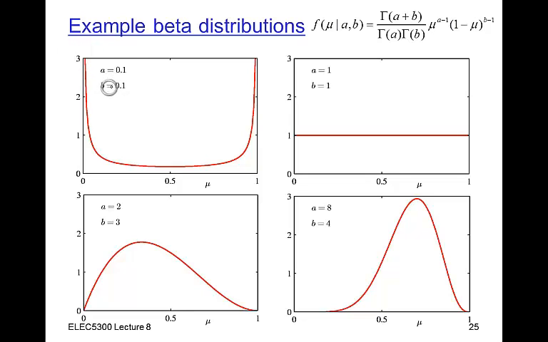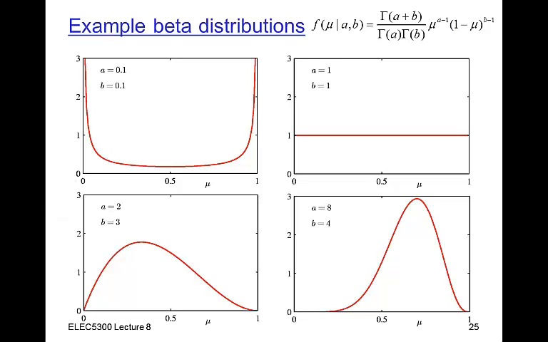And when b is equal to 0.1, I get a 0.9 here as well, and so that goes to infinity here, and then it drops down like this. Okay, so I can get a whole range of different distributions here, but probably for the coin flipping experiment, these three are going to be the more relevant ones that we're going to be looking at.